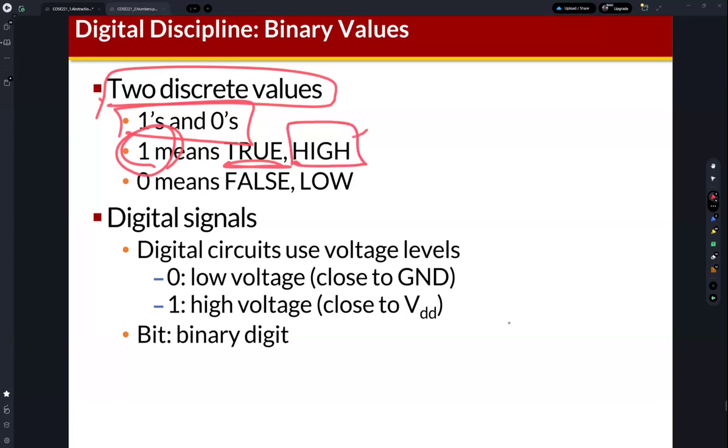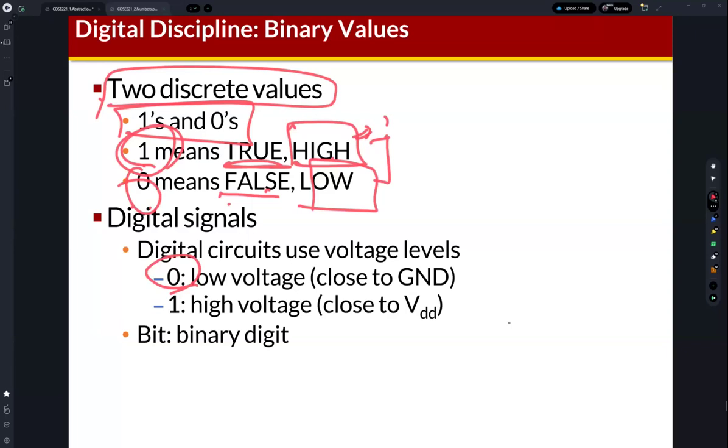If a value is high, then we can say this value is 1. 0 is the opposite of 1. So 0 means false or low. Then what does that mean, high and low?